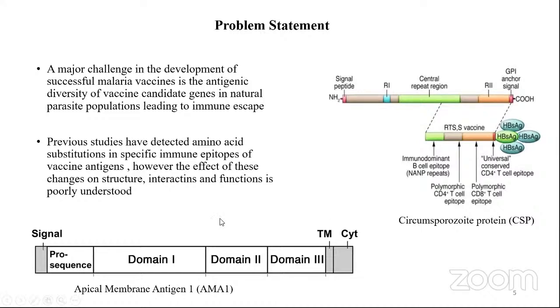Also, for AMA1, we are looking at the different domains and how polymorphic these domains are, in order to ascertain whether we can use this antigen to build a vaccine as well.